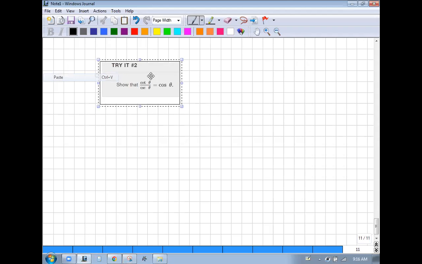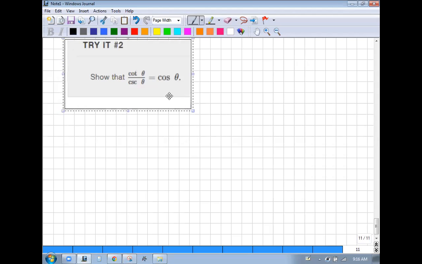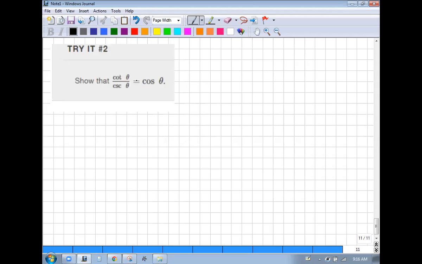Now these are very simple problems, okay? Here, if I try to prove this, I could be like, this is a fraction, that's not. I got 3 different trig functions going on. Obvious approach to this would be like, okay, cotangent is cosine over sine, and then cosecant is 1 over sine.